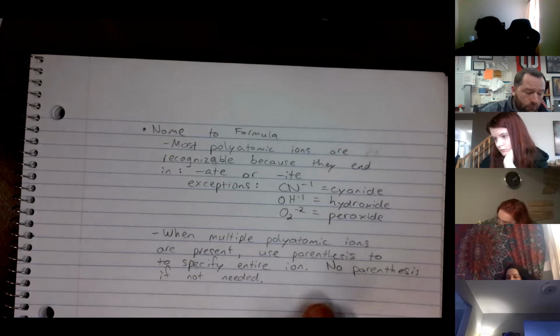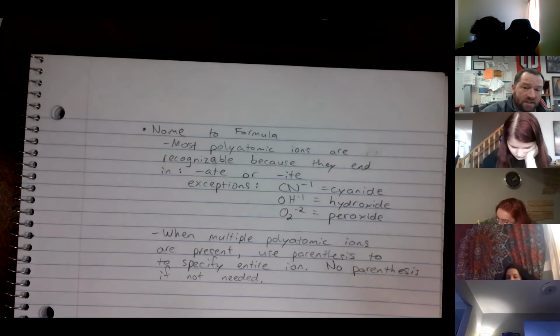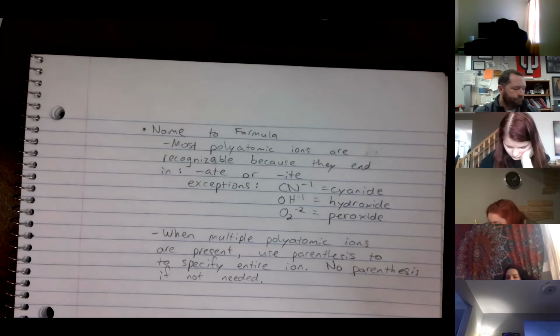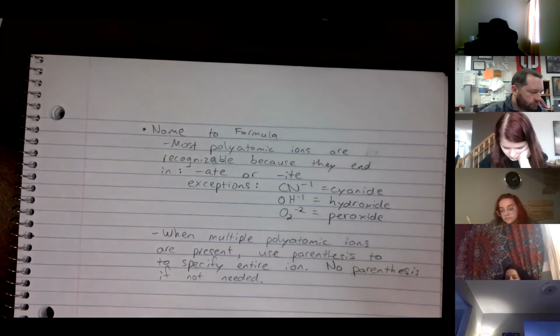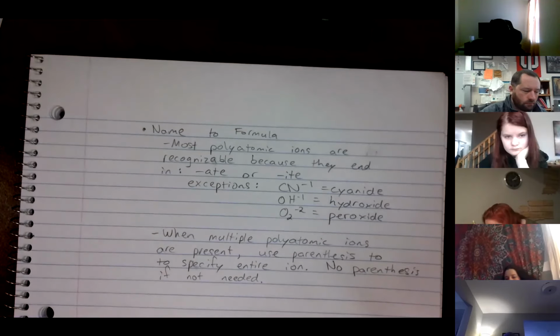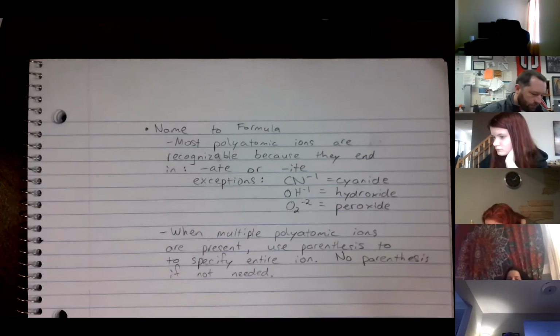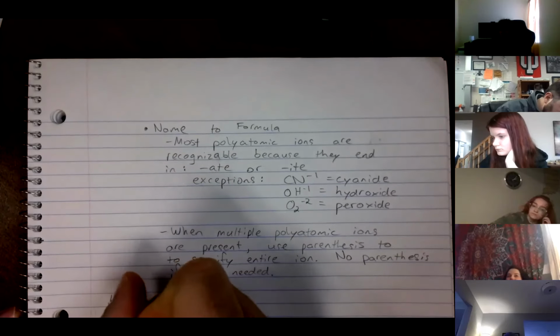So if you don't have multiple polyatomic ions, don't use parentheses around them. Take a look at a couple of examples, and then I'll set you guys loose.